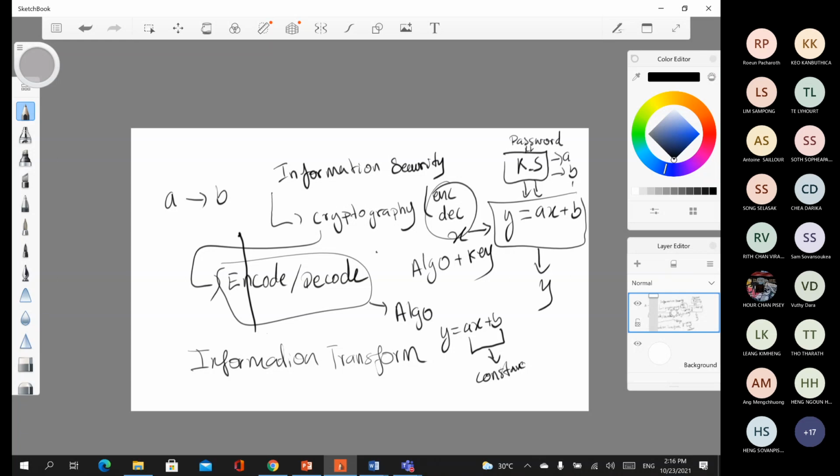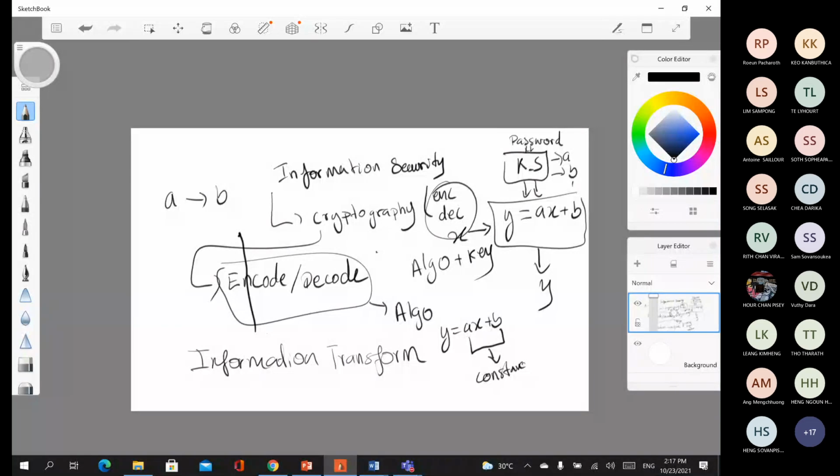But when we talk about cryptography, we have the key and we have the algorithm. If you ask me which one is better, it depends on what quality you try to evaluate. Mostly in encoding and cryptography, we try to transfer our information from one thing to another, and how secure that information transform is determines how good the quality of your system is.